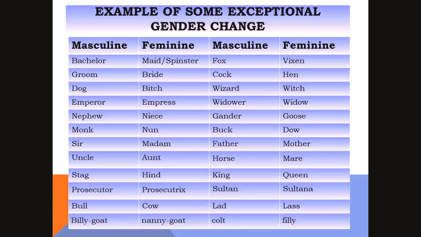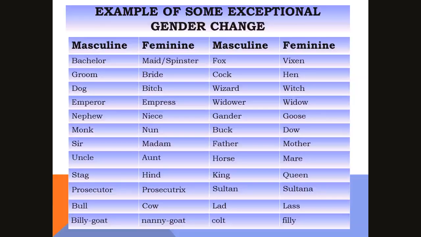Examples of some exceptional gender change. Mostly like man, woman, we all know. Some exceptional types of gender change, that example I have given in this slide. You can easily go through bachelor, maid or spinster.